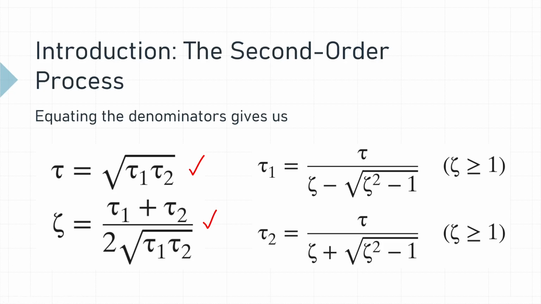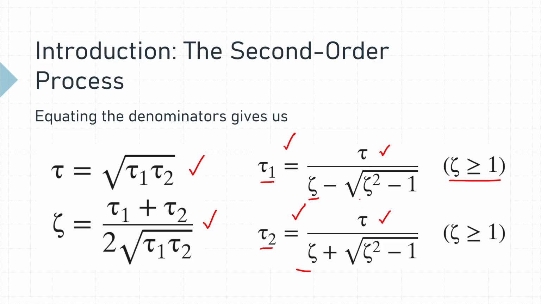Doing back substitution should give you the following simplifications for tau1 from tau and zeta, and tau2 from tau and zeta as well, assuming that the system's damping ratio zeta is greater than or equal to 1.